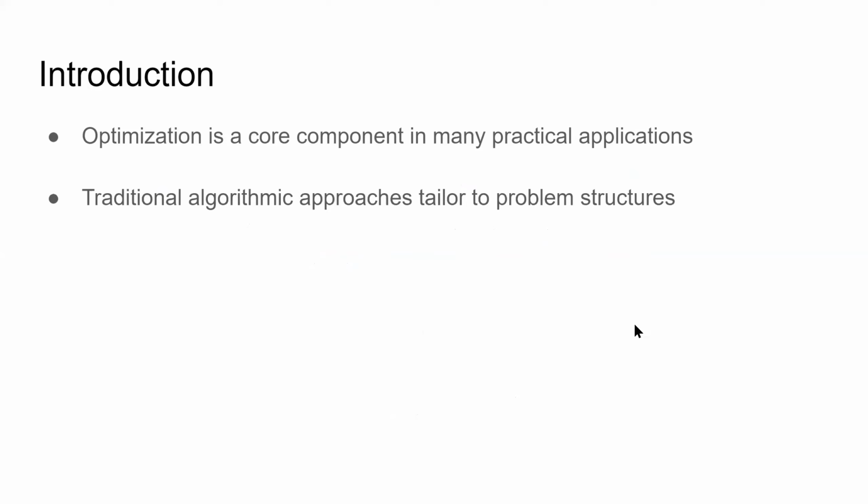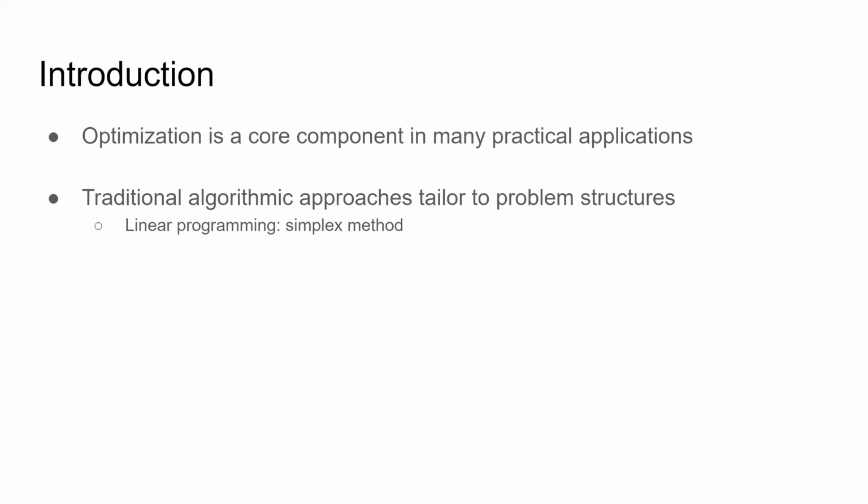The traditional algorithmic approaches for a lot of optimization problems tend to tailor to specific problem structures. So here I'm just listing a few examples you are probably familiar with.